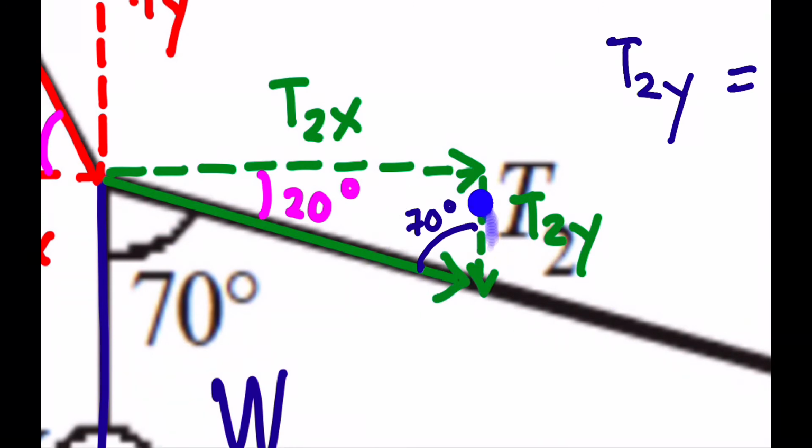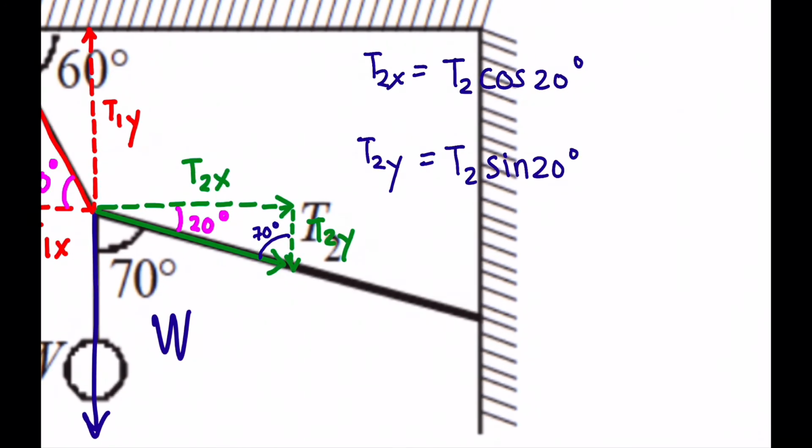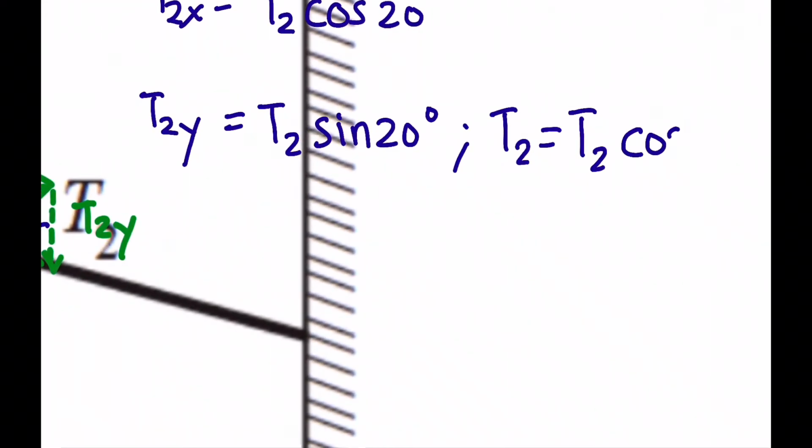So if we would utilize the 70 degrees, you would notice that T2y is now the side that is adjacent to the angle 70 degrees. So since T2y is adjacent to 70 degrees, then we could also say that T2y is also equal to T2, since it's the adjacent side of 70 degrees, cosine of 70 degrees.